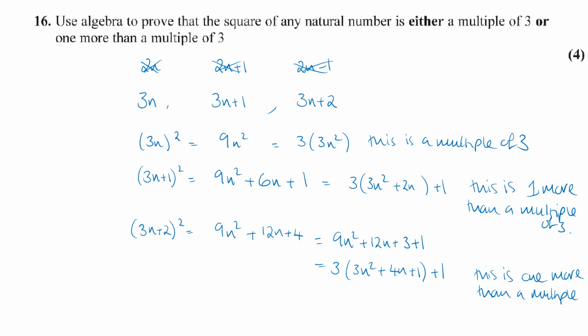So we have shown by exhaustion, because any number can be written either as 3n, 3n plus 1, or 3n plus 2, that for all cases they are either a multiple of 3 or 1 more. We have shown that every square number is either a multiple of 3 or 1 more than a multiple of 3.